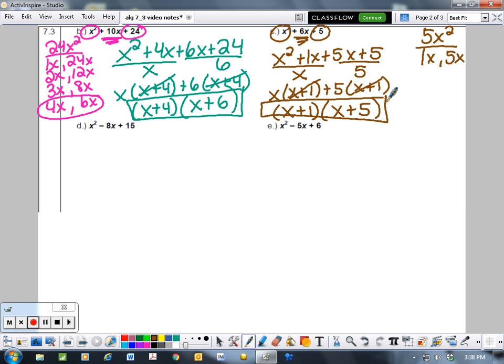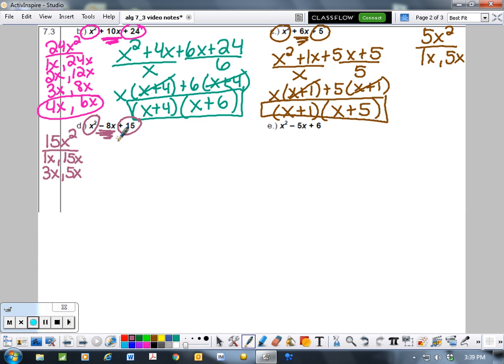What I want to talk to you about now is how to do the same thing but using the box method. So our process is really similar. We take our first and last and we multiply them. So 15x squared. I list all things that multiply to 15x squared, so 1x and 15x, 3x and 5x. And which of those add to be negative 8x?